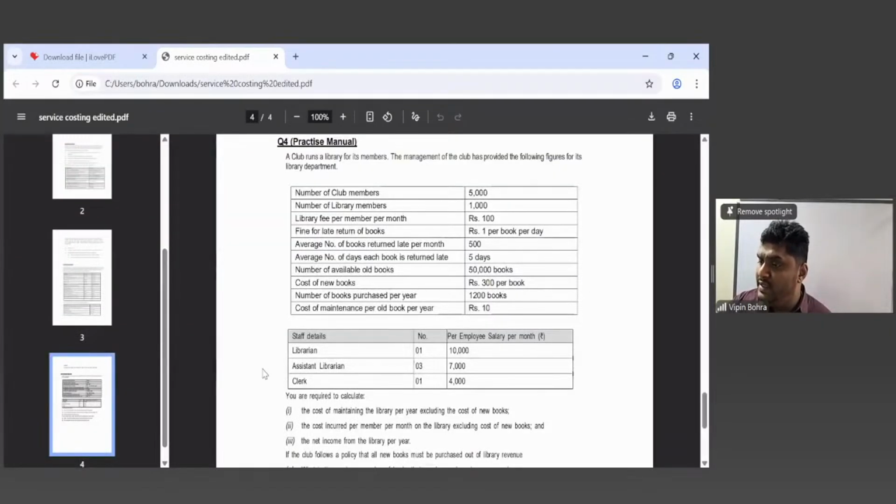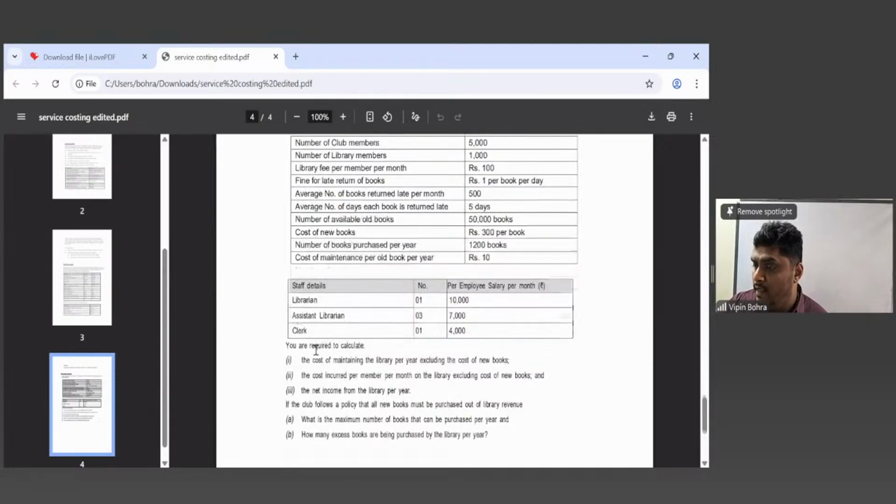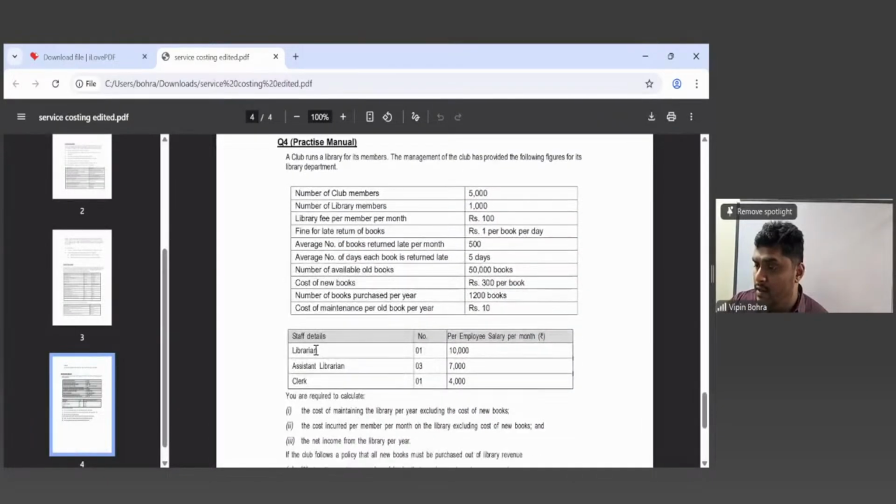I request you guys to take the screenshot. Question number 4. Those who are not able to download it from the portal, I request you guys to please take the screenshot of the question number 4. So this is the first page.